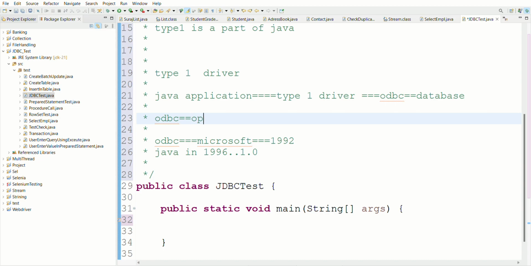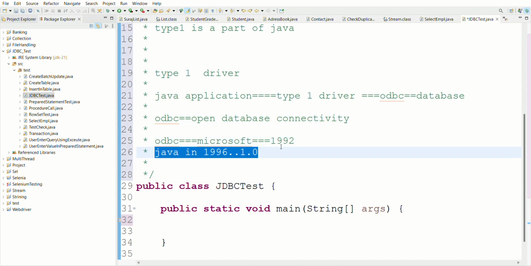ODBC stands for Open Database Connectivity. It helps us connect our application with the database. It was given by Microsoft in 1992, before Java was released.